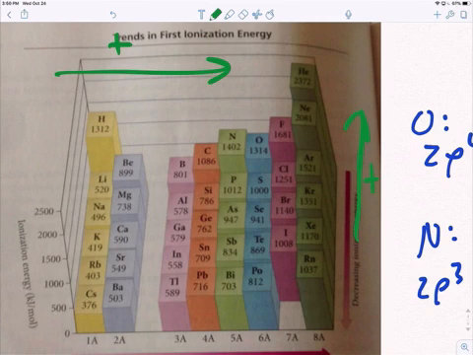So if you look here in the bottom left, cesium here with 376 kilojoules per mole, not very bound. Its electrons are like, all right, you give me a little bit of energy, I'm out of here. I'm flying. I'm gone. Then helium with 2,372, that's also the highest first ionization energy.